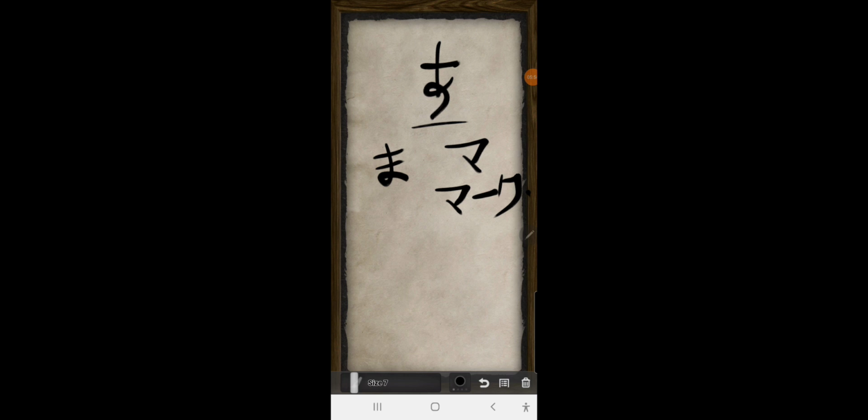Okay, next up we have Ya. Okay, and Hiragana, and that's Katakana, almost the same. Just remember, Hiragana is always curvy and Katakana is angular, or you're going at angles instead of smooth curviness. The next one is Ra, and for Katakana, like that.